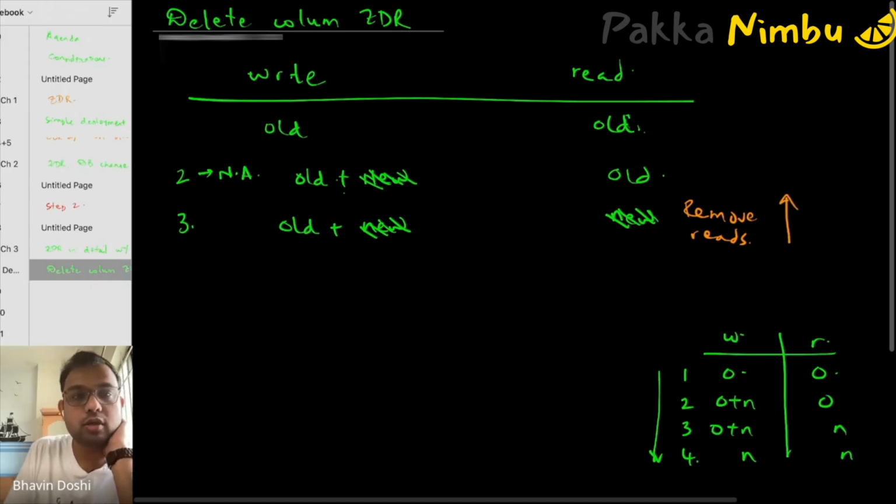और जब step 4 पे जाओगे तब you will only write new. तो new तो कुछ था ही नहीं, but old you need to delete. So now is when you'll delete the writes. Reads तो चले ही गए, and then you will delete the column.